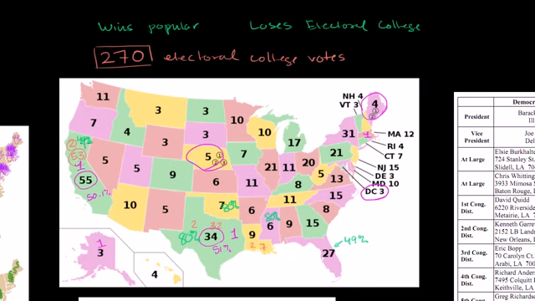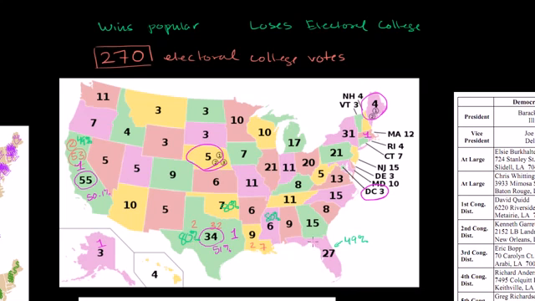The opponent, let's say, gets 51% of the vote. All 55 go to the opponent. You get no credit for that 49%. You get no credit for that 49% in Florida. So in this situation, this candidate might actually end up with the majority of the popular vote, barely losing the states they lose and trouncing the other candidate in the states that they win, but despite that, actually getting fewer electoral college votes.